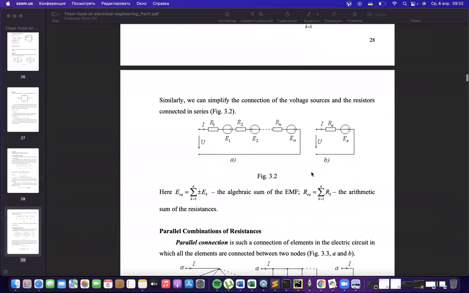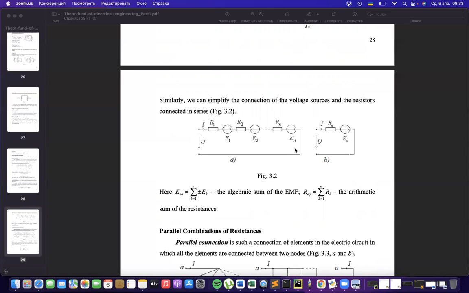We see it here. In the same situation with an active branch, if we have a couple of sources, electromotive forces as sources of voltage, and resistors, the main restriction is that the current value should be the same. The current should be the same inside each element. It is true if there is no additional branch in this system.